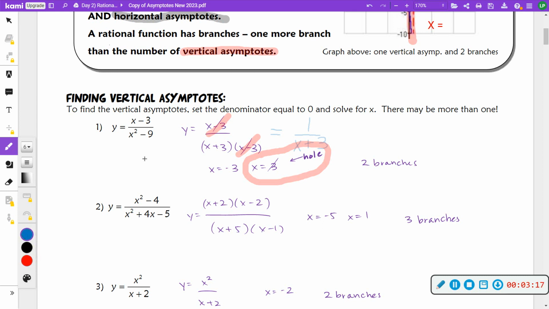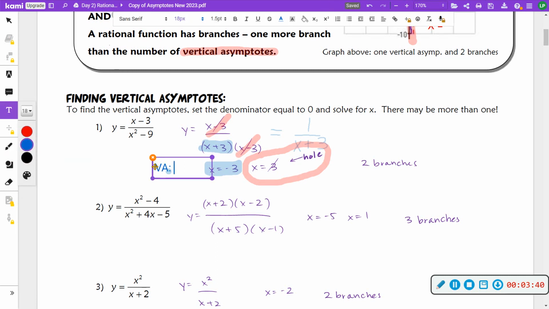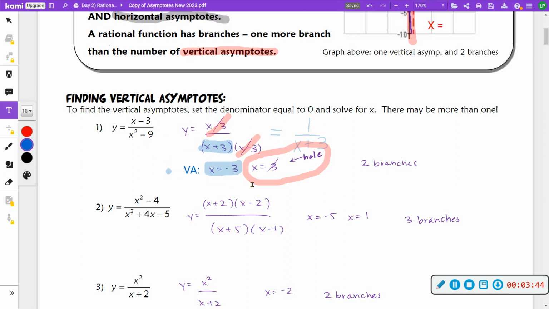Now the other one, that is what is called our vertical asymptote. So again, what number plus 3 is 0? Our vertical asymptote would be at negative 3. Sometimes we label that as VA for vertical asymptote. It is x equals negative 3, and then there's a hole at 3.